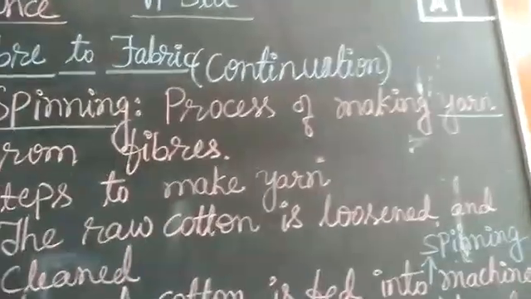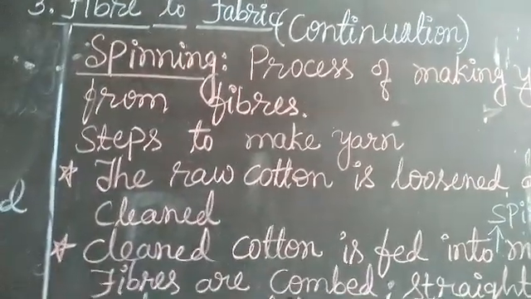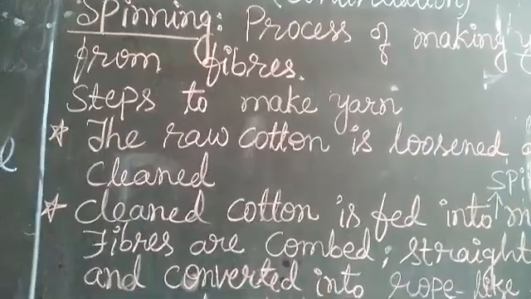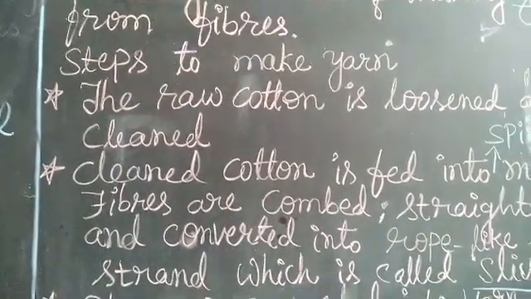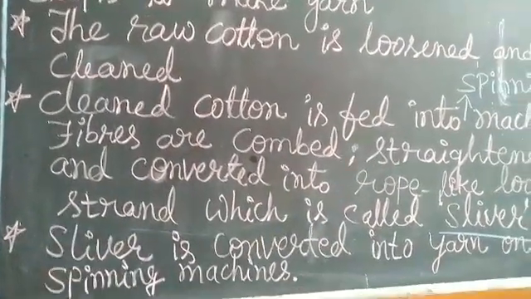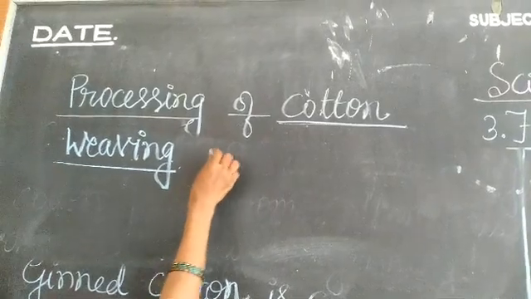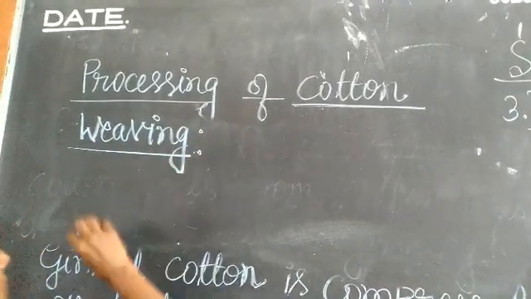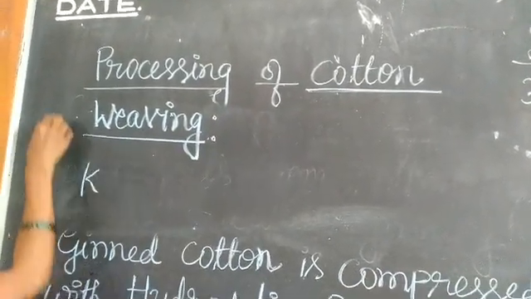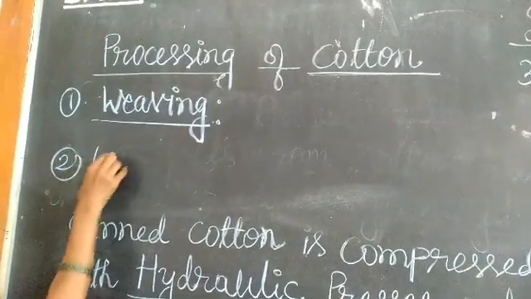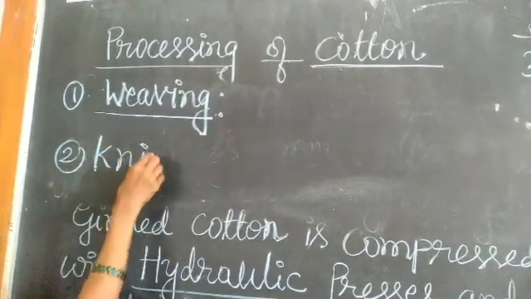So the third stage after spinning is weaving. One method is weaving machines, power looms and hand looms, and the second method is knitting.